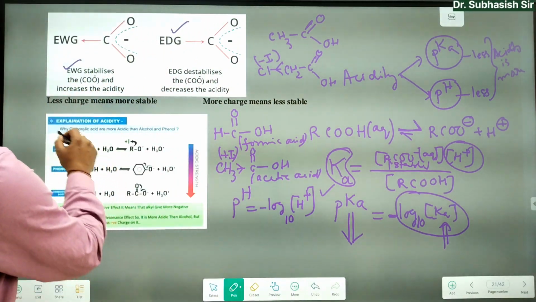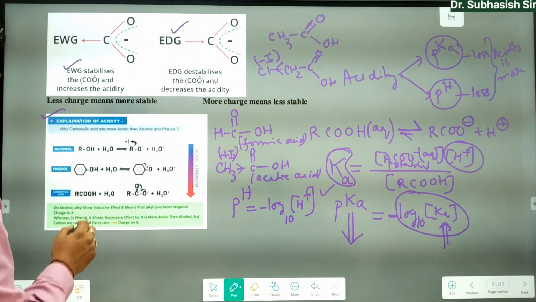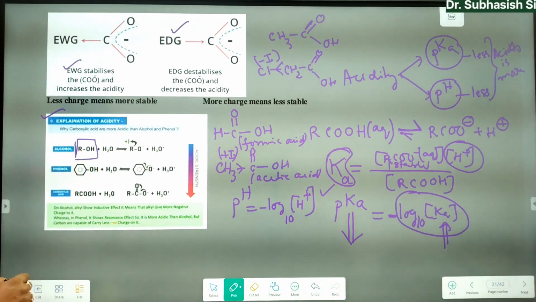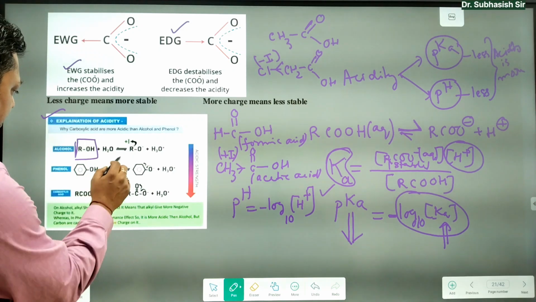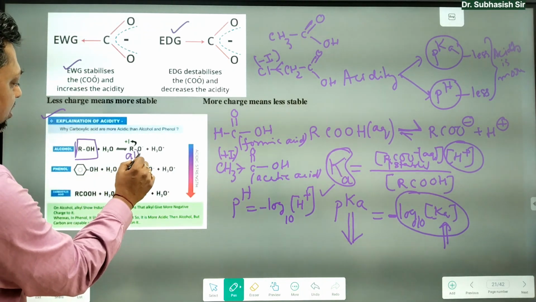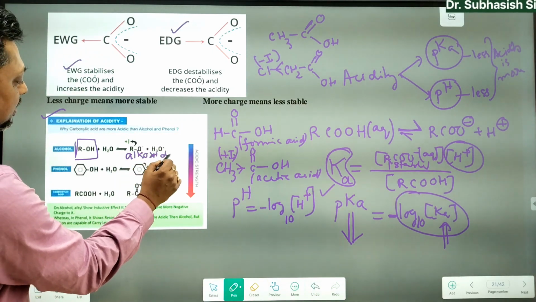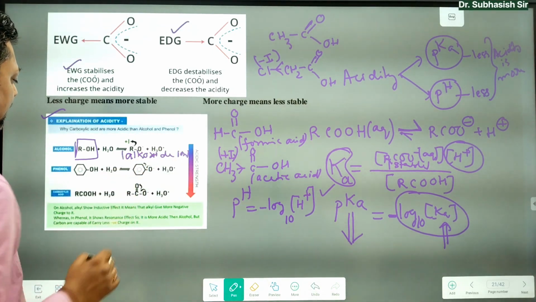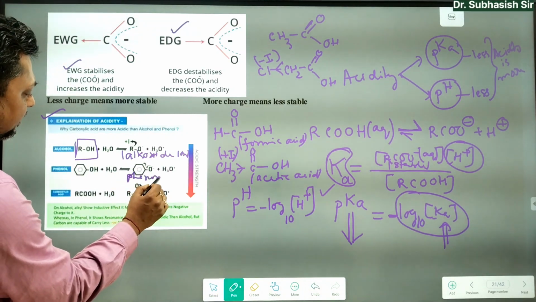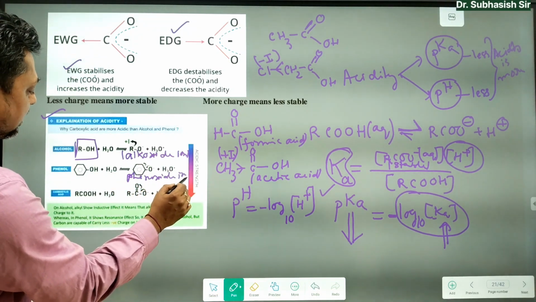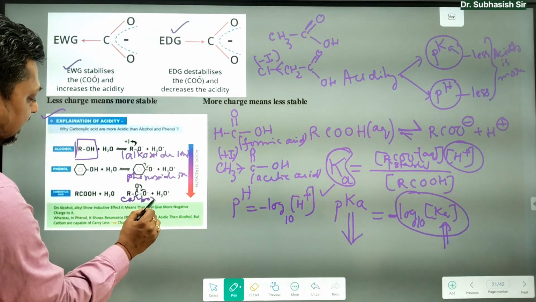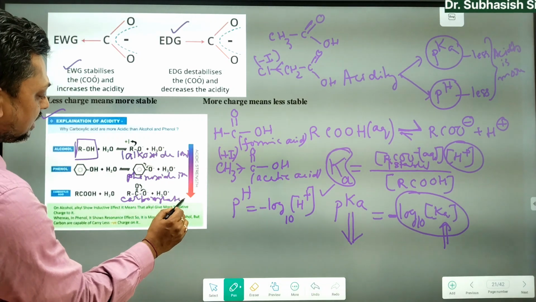For example, another example is there. Here you can see this alcohol, ROH. Now if you dissociate alcohol in water, you will get alkoxide ion. And if you dissociate phenol, you will get phenoxide ion. And if you dissociate carboxylic acid, you will get carboxylate ion.